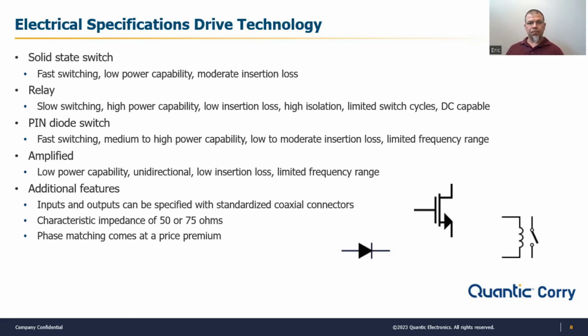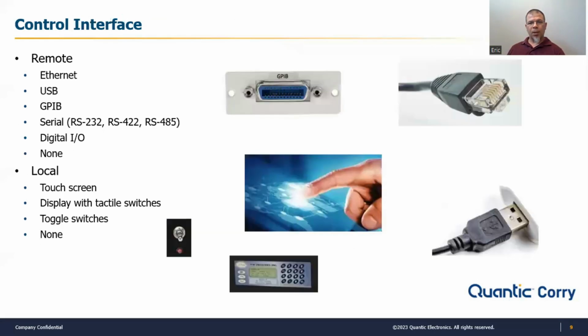Okay. Now, earlier you had mentioned that switch matrices connect input signals to one or more output signals, but can you tell us a little bit about how they interface? Yes, I can do that for you. So, we've talked about the RF interface, the inputs, outputs, the switches, how it gets there.